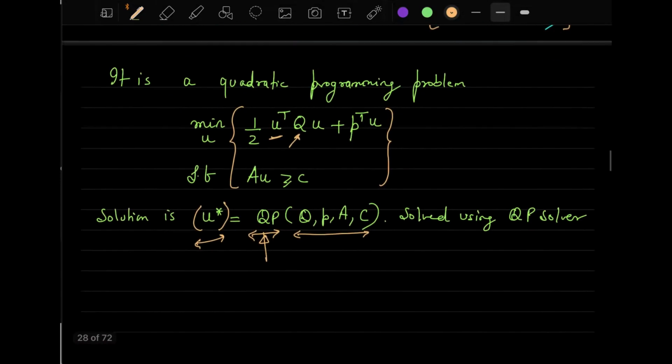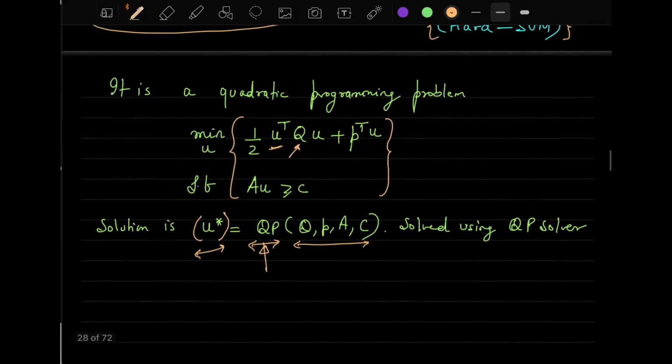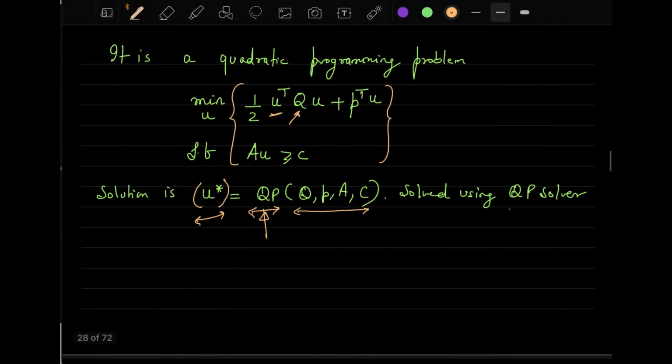So the important thing is how to put these problems in the format in which your solver will take them as input. If your solver, available in MATLAB or Python, takes as input Q, P, A, and C, then you have to change your problem into this format, so that you can directly substitute these values here.